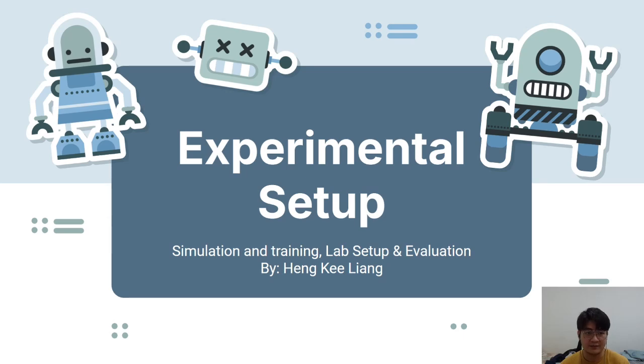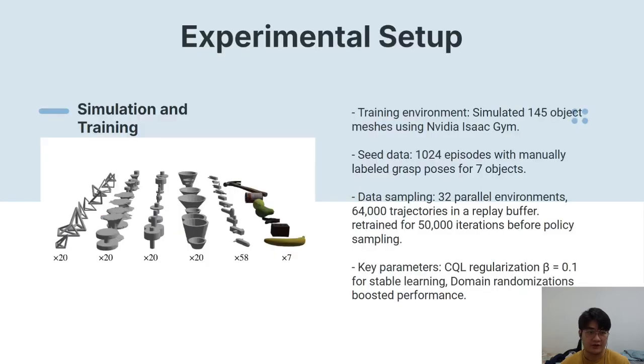For the experimental setup, it contains three main parts: simulation and training, lab setup, and evaluation. The training environment simulated grasping using 145 object meshes in NVIDIA Isaac Gym. Initial training started with 1024 episodes using manually labeled grasp positions for 7 objects. This seed data was crucial for the algorithm to learn effectively.